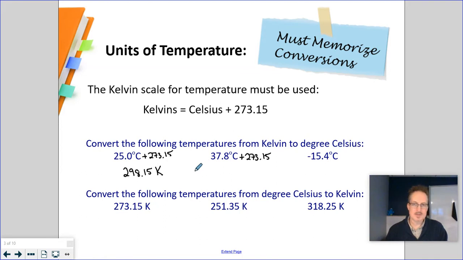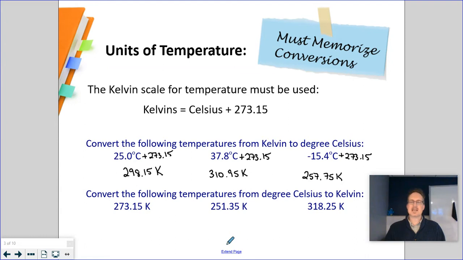So again, the value is going to work out to be 310.95 kelvins. And minus 15.4 degrees Celsius, we will add 273.15, and the value will be 257.75 kelvins.